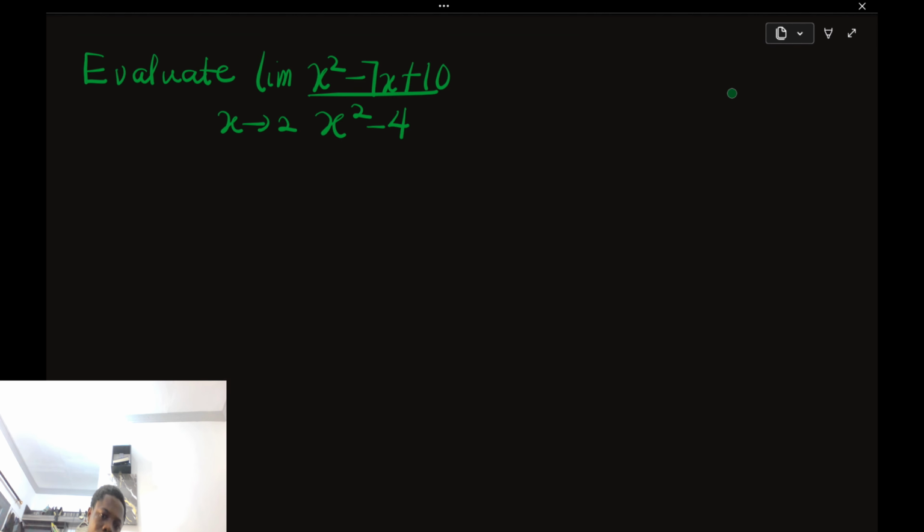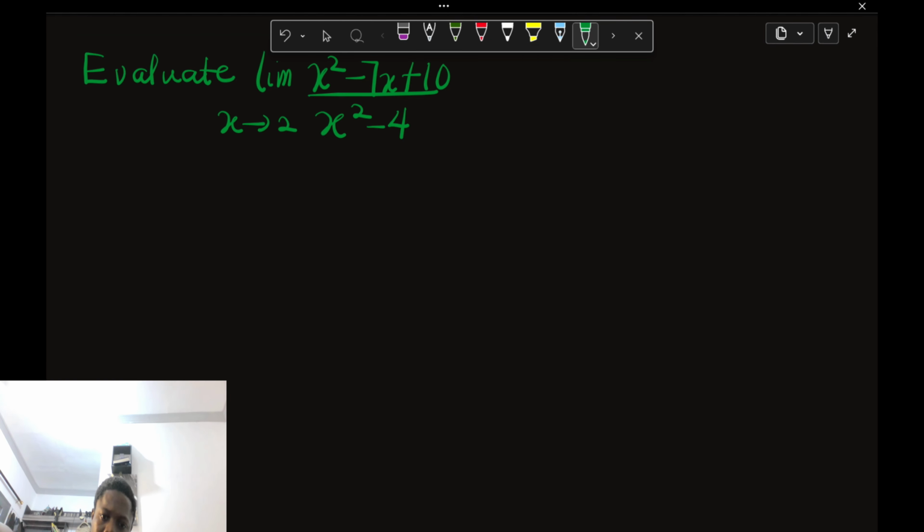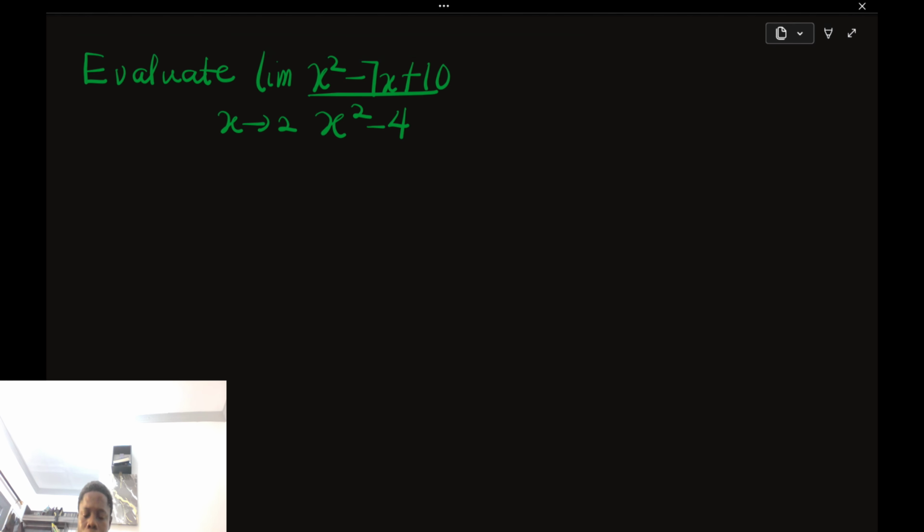So anytime you have it in this form, you just consider each of the parts. We have the numerator and that of the denominator. So you need to differentiate each part. We are going to differentiate the numerator, then after that, we also differentiate the denominator.